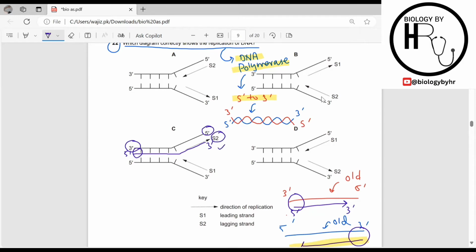So S2 is showing us the correct direction of the replication. And if I talk about S1, we know that this is from 3 prime to 5 prime, and the DNA polymerase will be over here and it will start to replicate this strand like this from 5 prime to 3 prime. So over here the answer is option C.